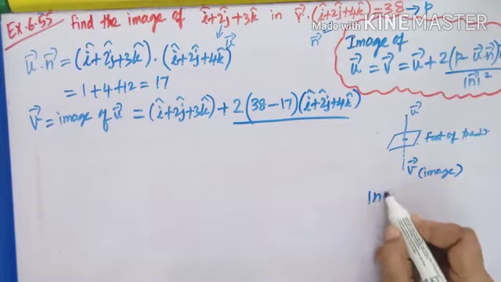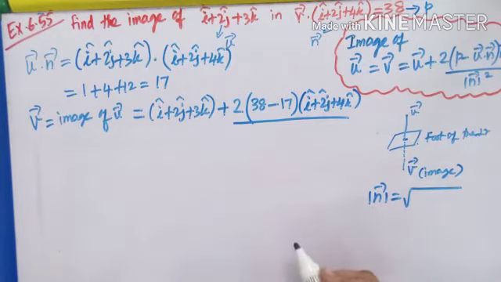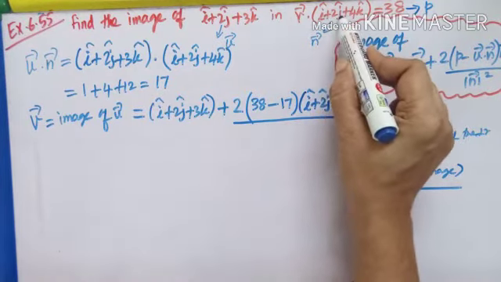What is mod n? It is root of squares. So I get 1, 4, 16.